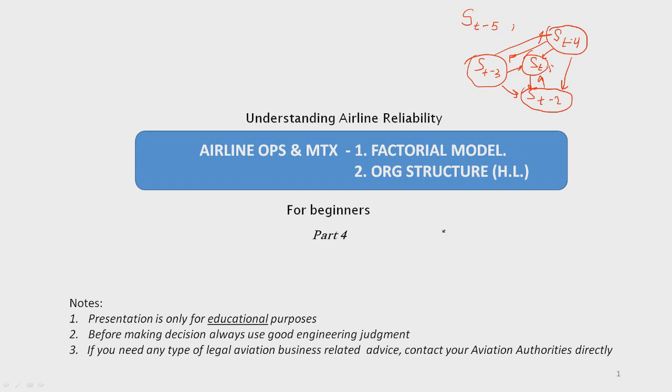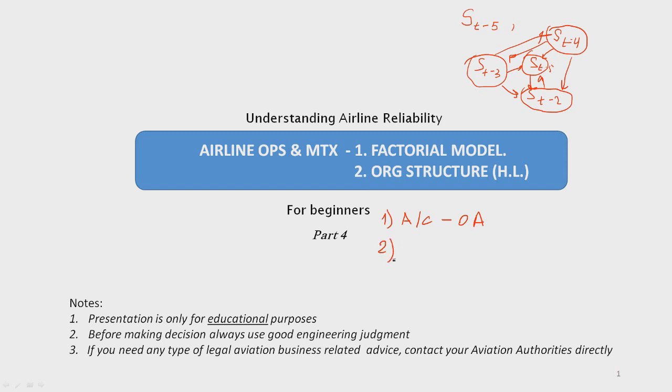Before we move forward, let's put here some major contributors in this business. We had a discussion in Part 3, the previous presentation, right? Let's put here some summary. Number 1, we said we need what? Definitely we need aircraft, which gives us operational availability.